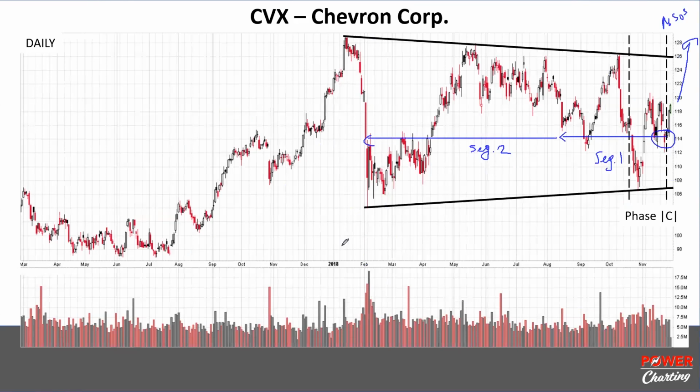This would be a very large count and could be the conditions for a new campaign in Chevron. And so we're looking for more evidence that there's more strength to come. And with that, we would then turn to the point and figure counts. But this is potentially quite large.